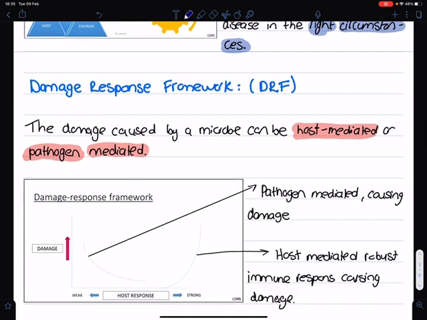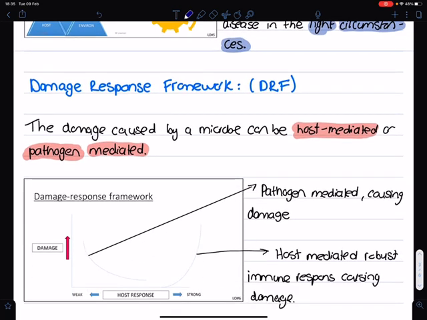Okay, so moving on. The damage response framework. What's important to know is that a pathogen or microbe can cause damage to your organs, tissues, or cells in two ways. One is through the actual microbe causing damage to the tissue, and two is through a host response.